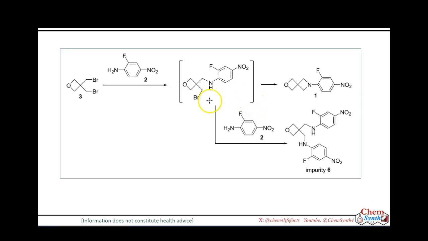However, intermolecular displacement worked with the help of another molecule of this aniline derivative and formed this impurity. Initially, about 11% impurity was formed, but later they optimized this reaction through controlled addition of the reagents and reduced that impurity formation to 2%.